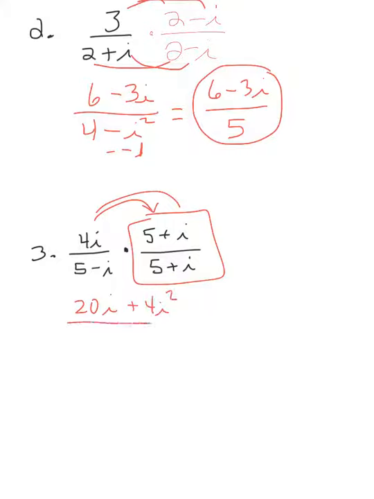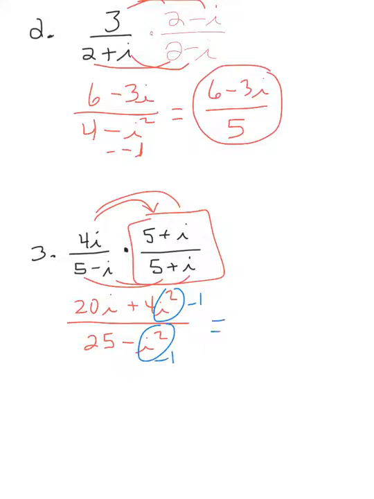We'll talk about that in a moment. The bottom, of course, 5 times 5 is going to give me 25. And a minus i times an i, once again, is going to be a minus i squared. Now, once again, we want to replace both of these i squareds with what they're equal to, which is a negative 1. And that's a negative 1.